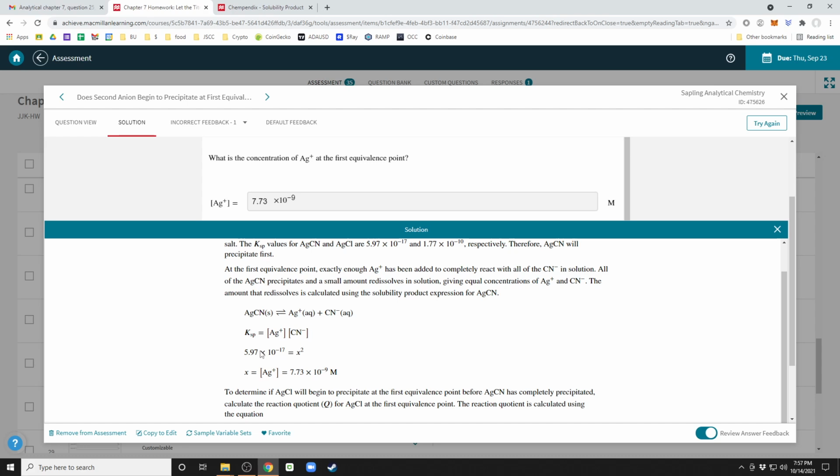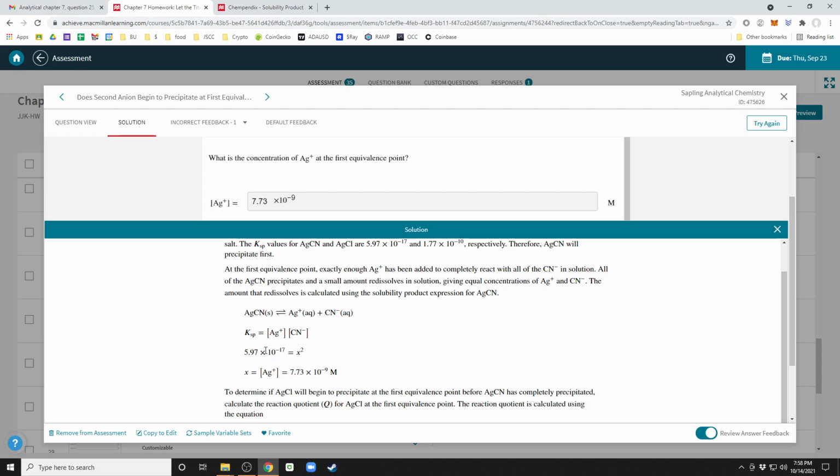You have your KSP value, it was in that table. And so you plug your KSP value in. Whatever silver is released is going to be the same amount as whatever cyanide is released. Because remember, you put in exactly enough silver to match the amount of cyanide. So whatever amount of cyanide you have is going to be the amount of silver and vice versa.